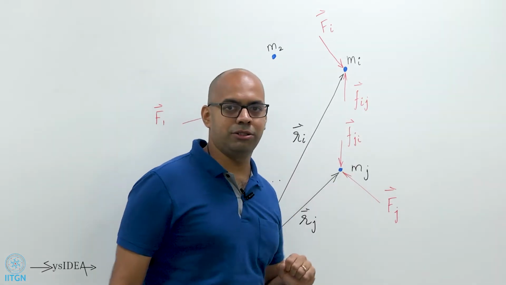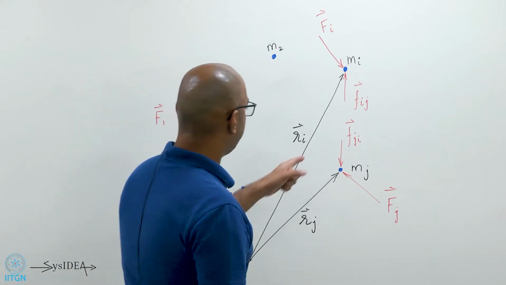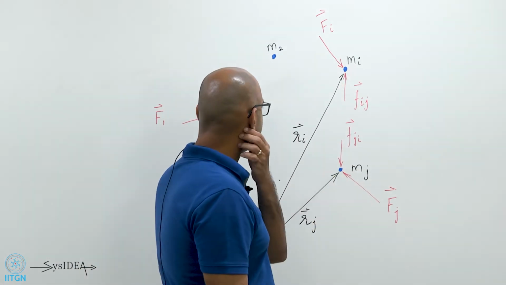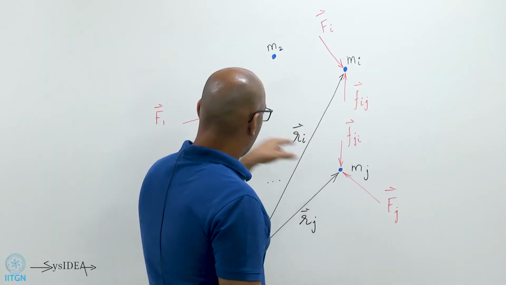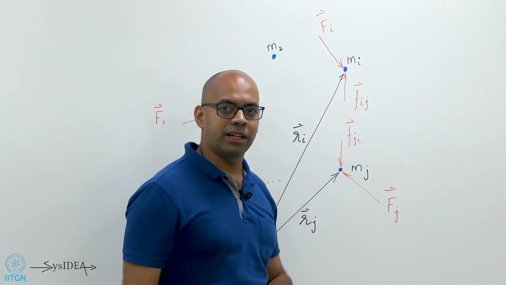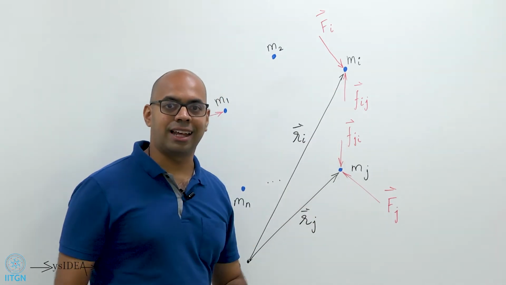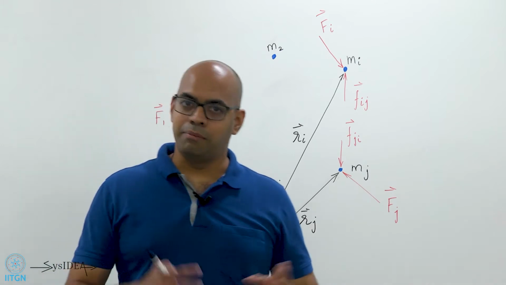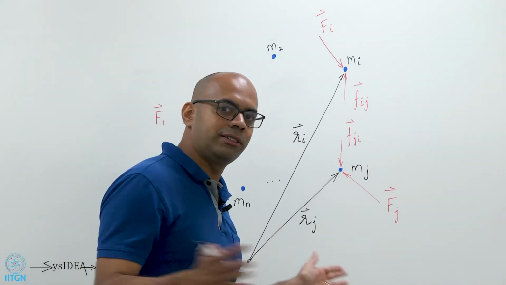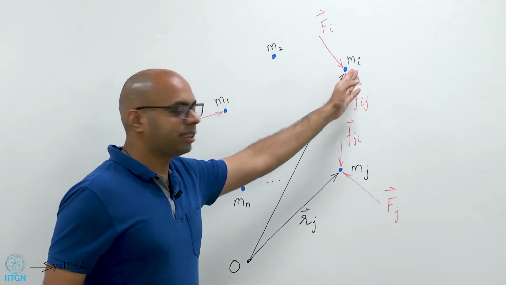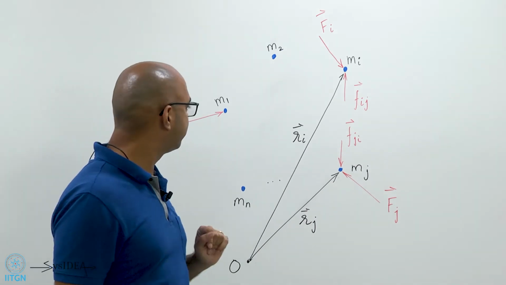And as you can immediately guess, these will always be equal and opposite because they are forces exerted on each other, and there will be a combination of these with all of the n particles. Now, there is no assumption that these particles are connected in any way. They may or may not be interacting, they may or may not be connected, they may be connected with a rigid link, they may be connected with a string, it doesn't matter. This is a very general setting.